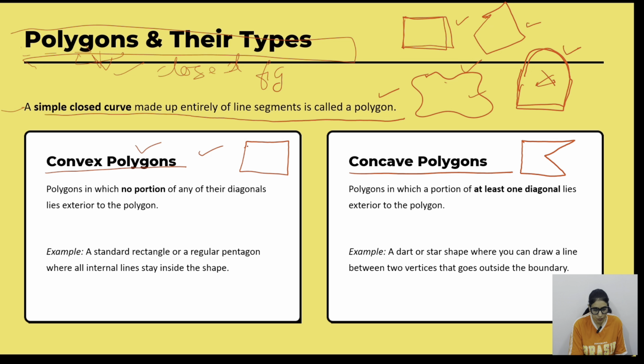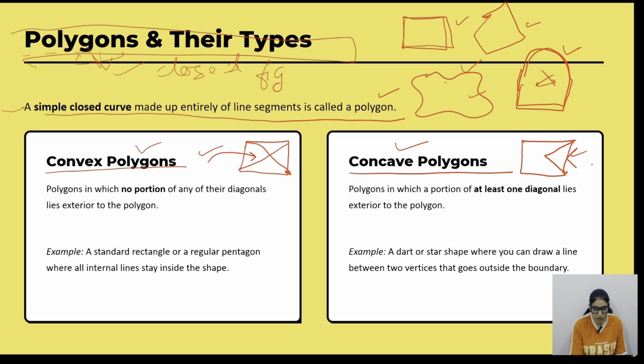So in convex polygon, if you draw any diagonal, that is line segment joining opposite vertices, it will entirely lie inside the polygon. Clear? But in concave polygon, if you draw any diagonal, that is join any two opposite vertices, any one or more than one diagonal will lie outside the polygon.